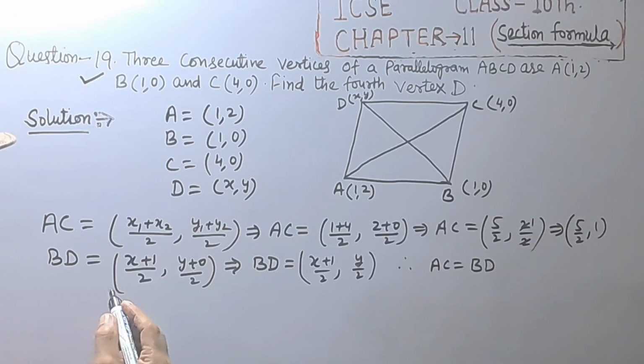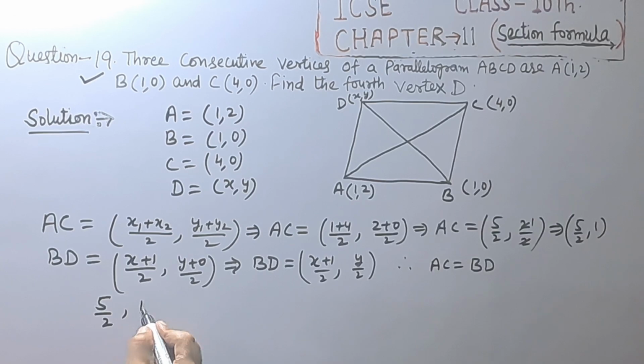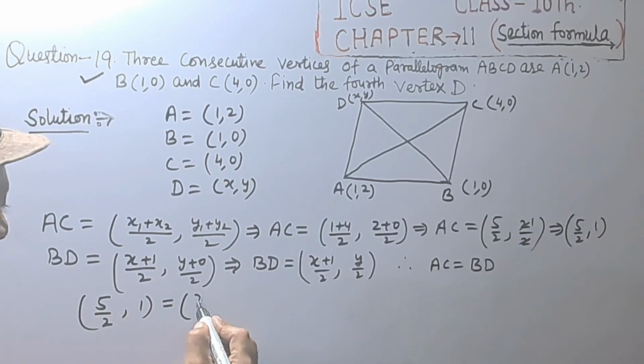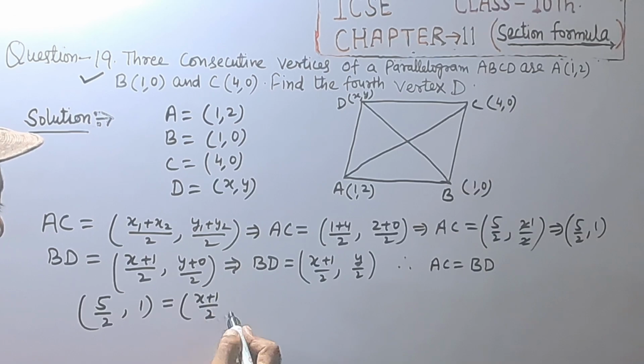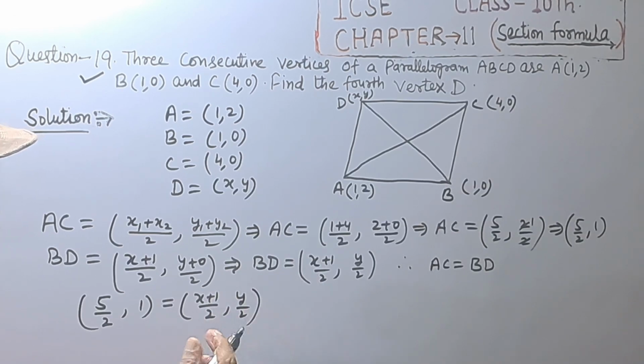That is, diagonal of AC is (5 upon 2, 1) is equal to ((x plus 1) upon 2, y upon 2).